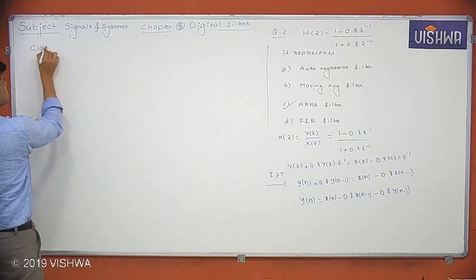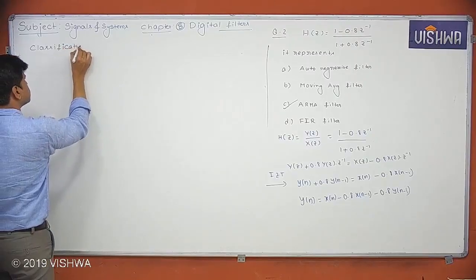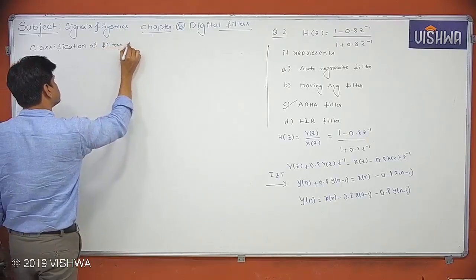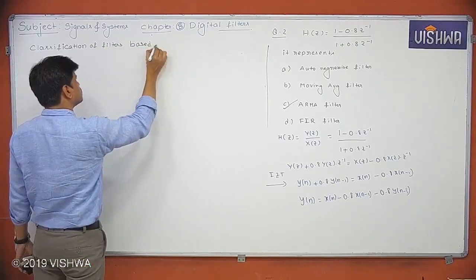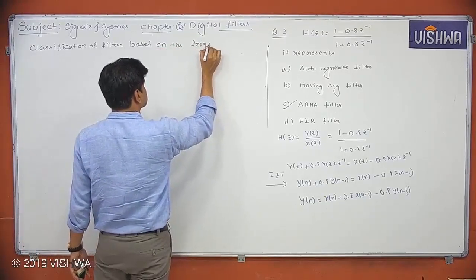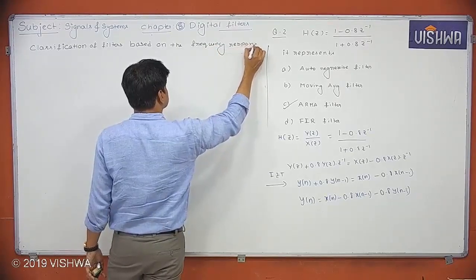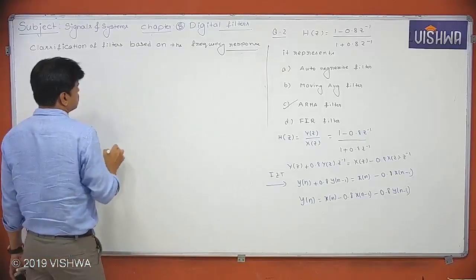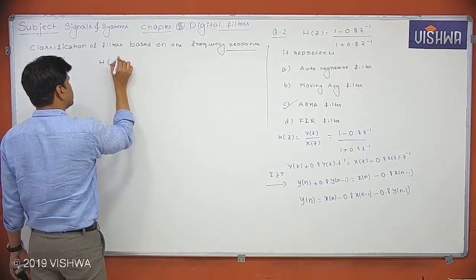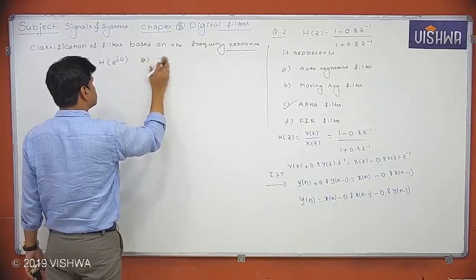Classification of filters based on the frequency response. Here we usually use H of e power j omega, which is the DTFT, or H of z.